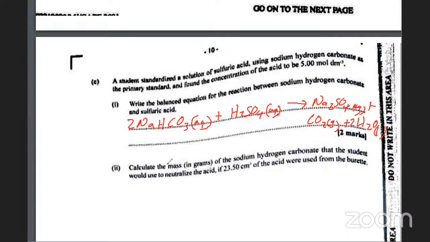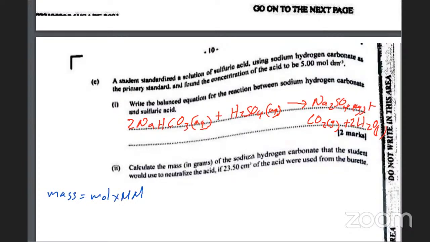Then it says: calculate the mass in grams of the sodium hydrogen carbonate that the student used to neutralize the acid if 23.5 cm³ of the acid were used from the burette. This is what you will do. To get the mass, we know that mass is equal to mole times molar mass.